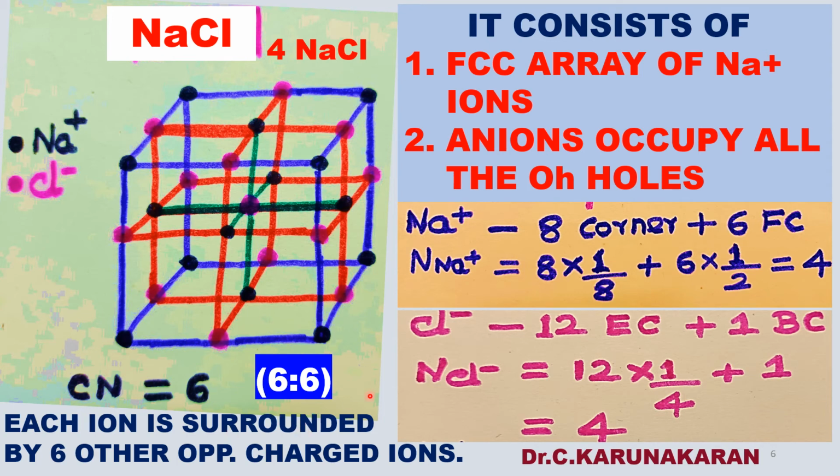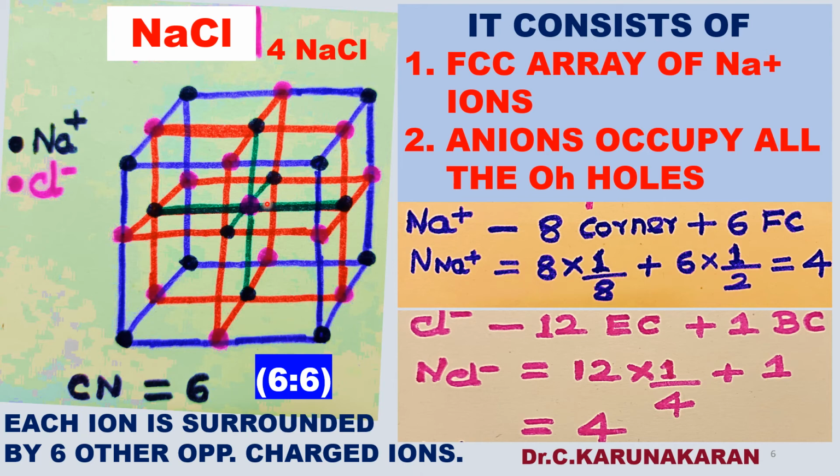What is the coordination number of sodium ion or chloride ion? Each Cl minus ion is immediately surrounded by 6 oppositely charged sodium ions. Therefore, each ion is surrounded by 6 other oppositely charged ions.